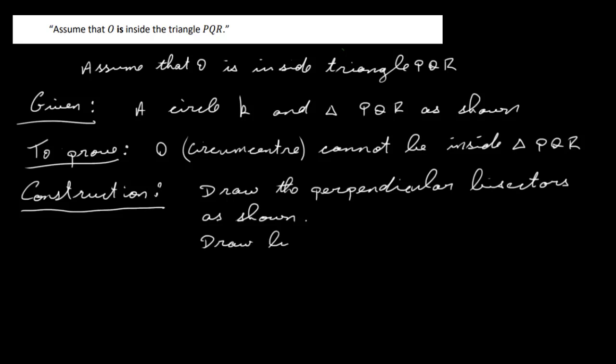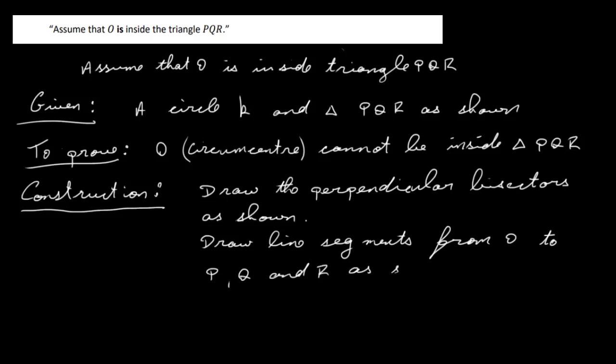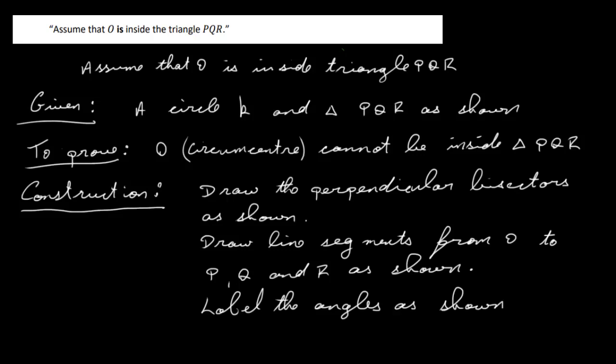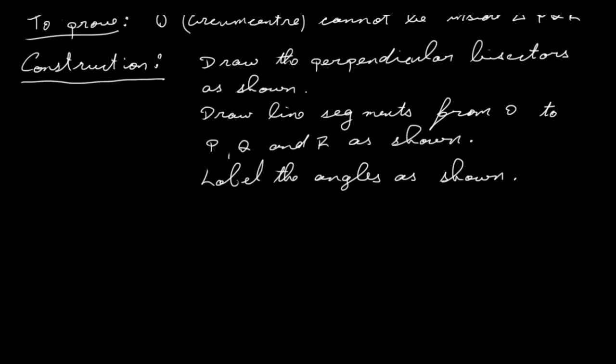Draw segments from O to P, Q, and R as shown, and then finally just label the angles as shown. Okay, so that's given, to prove, construction. So the actual proof then, okay.